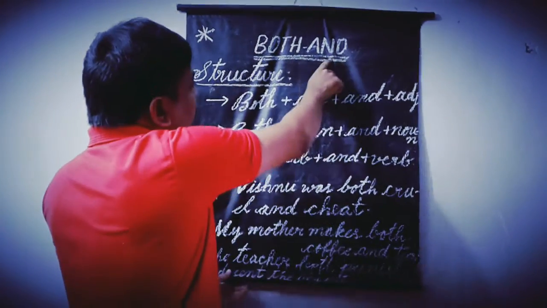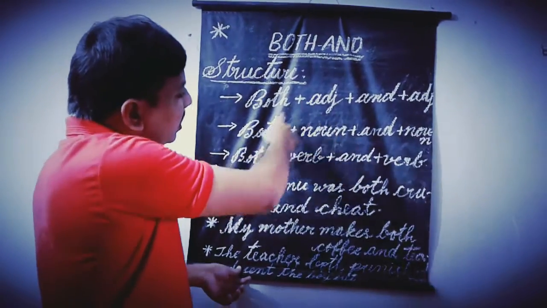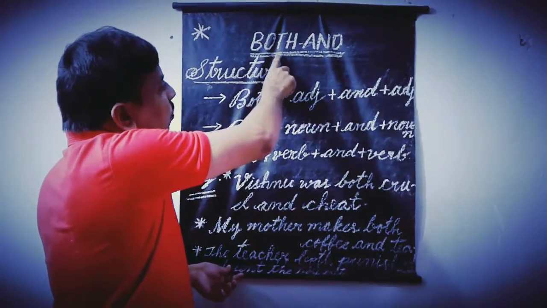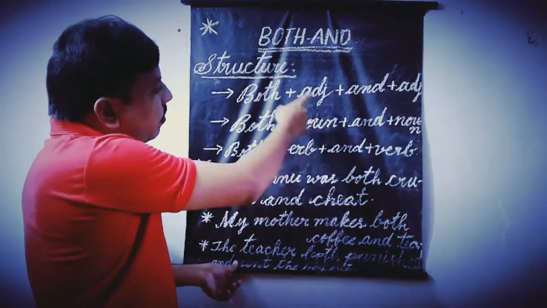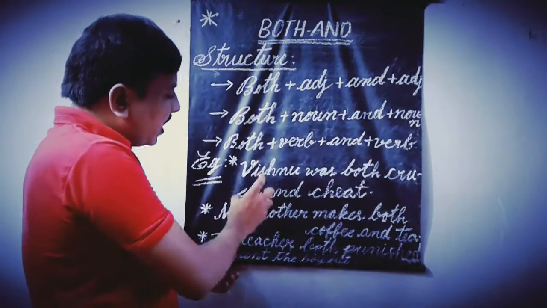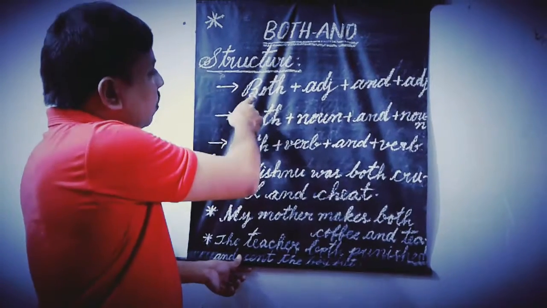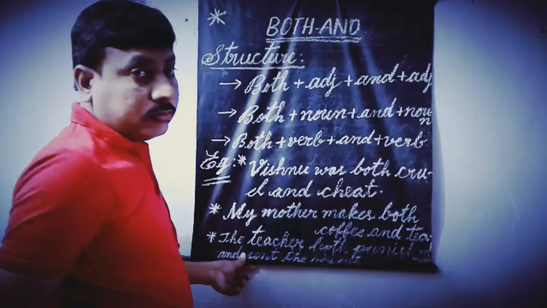Both and, this is the conjunction. Here we have three structures which are related to the correlative conjunction both and. By following the structures which have been written on the board, we can join two events into one. Structure 1, both plus adjective plus and plus adjective.